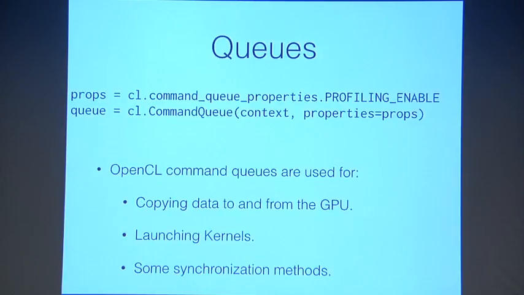I'll ask it to allocate data, I'll copy data down or read data back, I'll launch kernels. There are some synchronization methods. You can put barriers in and use events to wait, which I'll show in a little bit. But this is basically your pipeline to the GPU or whatever you're programming to.